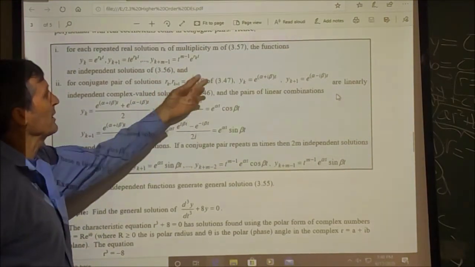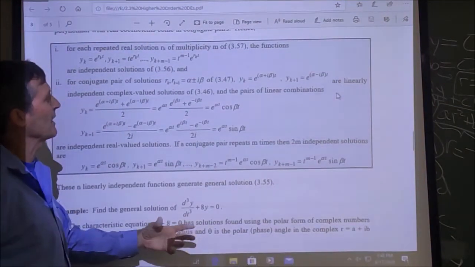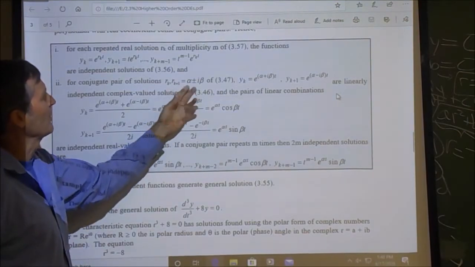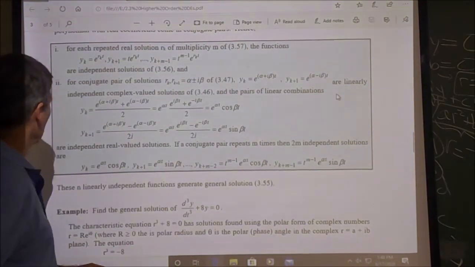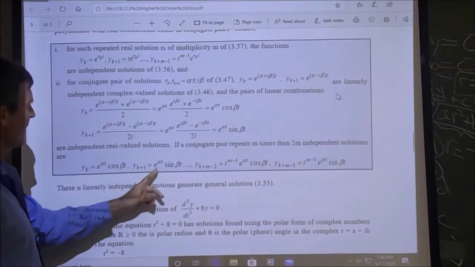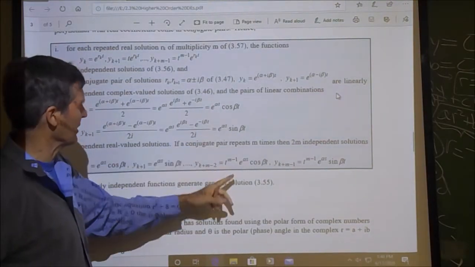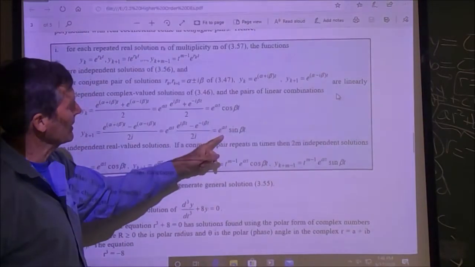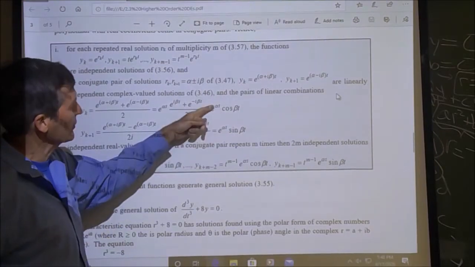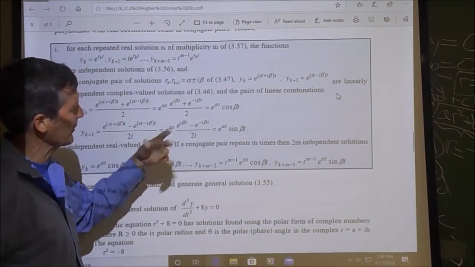But what if you get a repeating pair of complex conjugates? Now you might have a fourth degree polynomial and two pairs that are equal. Well, in that case, you have to just take multiples of t times these. You can take t times this one and t times this one for the second pair, and t squared times this one and t squared times this one for the third pair, and so on.